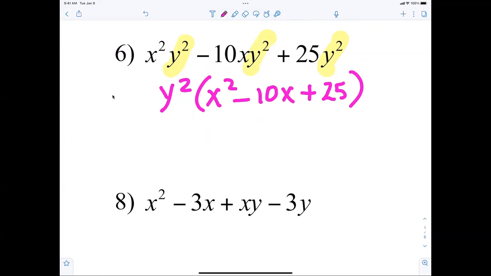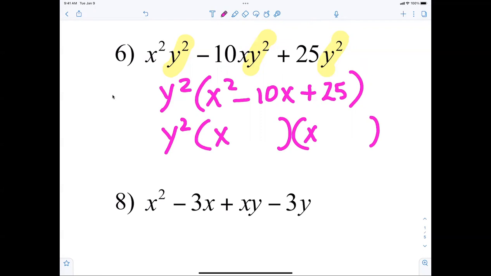Everybody good with that? Anybody? All right. Now we've got to factor. How do I make x squared? X and x. Come on, just join me. You might surprise yourself.